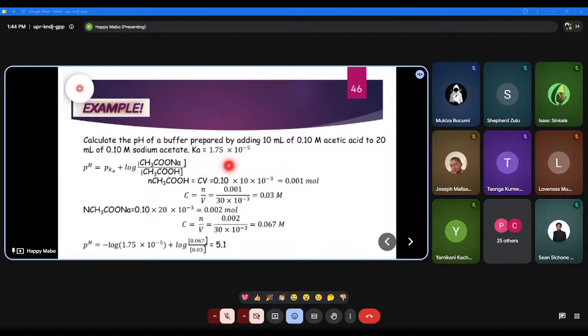The Ka value is given as 1.75 times 10 to the power negative 5.